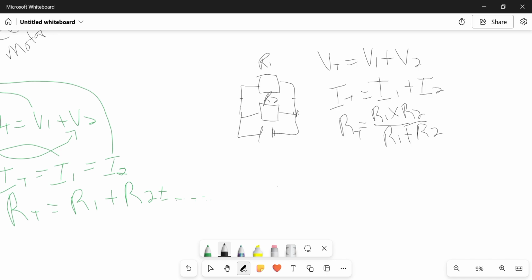Okay, this is the combination and the formula, and also resistance can be calculated as 1 over R total equals 1 over R1 plus 1 over R2.